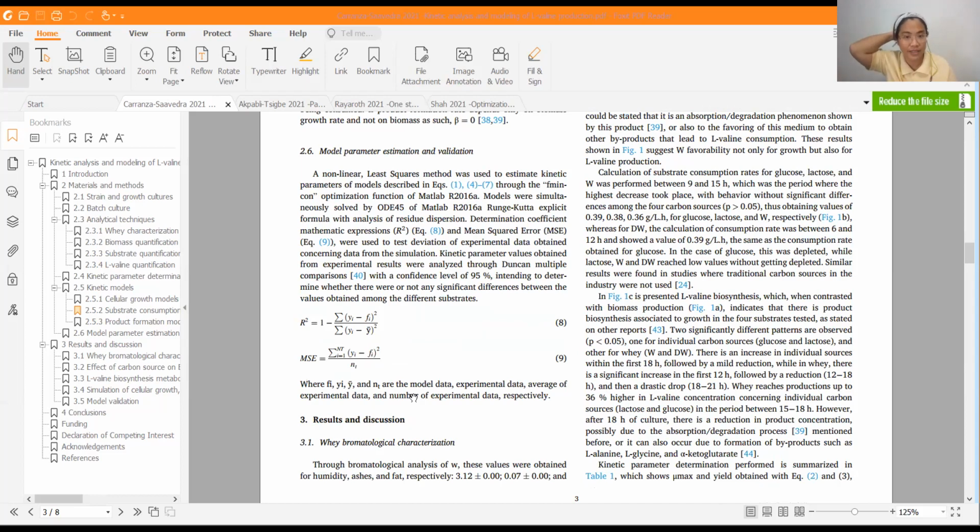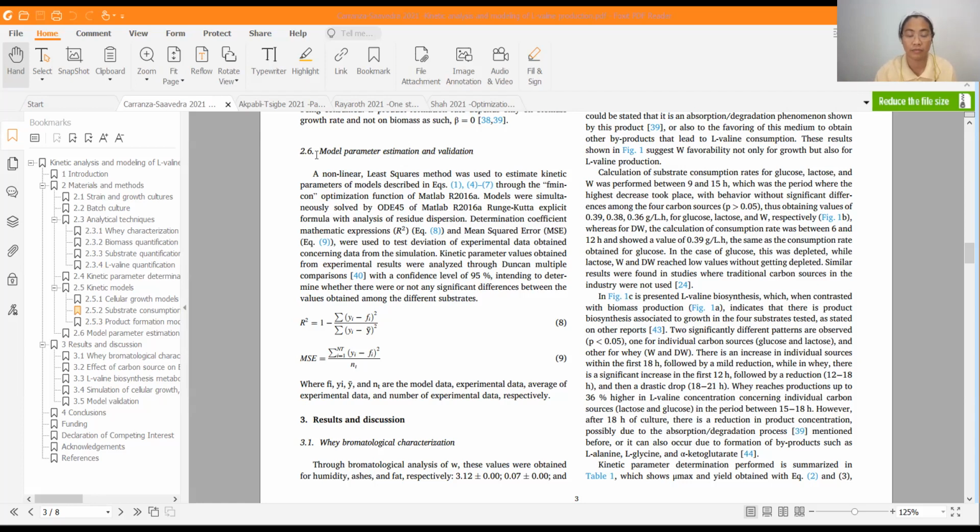Remember the graph fitting lecture that we did earlier. If you go to 2.6, they are talking about model parameters, estimation, and validation. So basically they are doing the experiment and finding the models, which are the equations that they talked about earlier, and they are trying to fit the experimental data to those models.